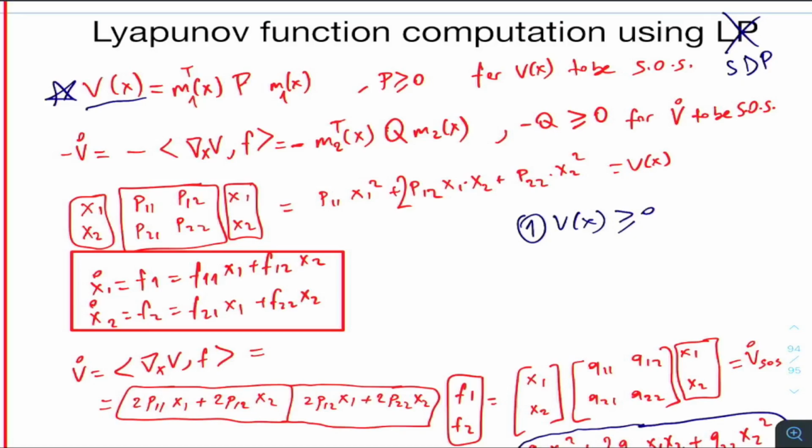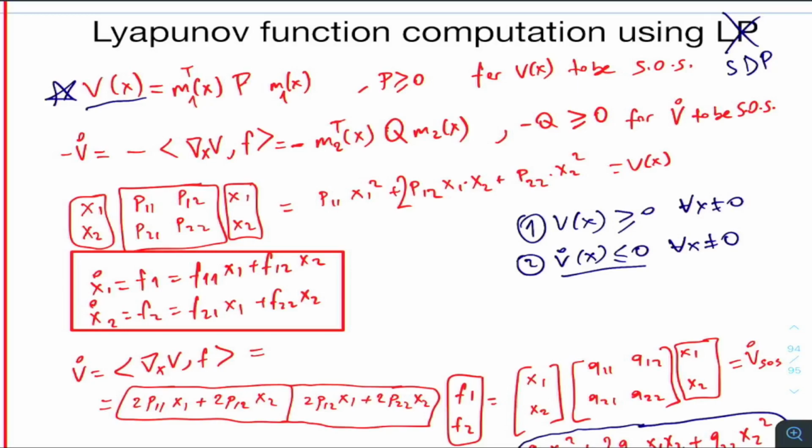This holds for x in some domain, but not including 0, the equilibrium point. And the second condition that we would like our Lyapunov function to satisfy is V dot less than 0, again for x not including 0.